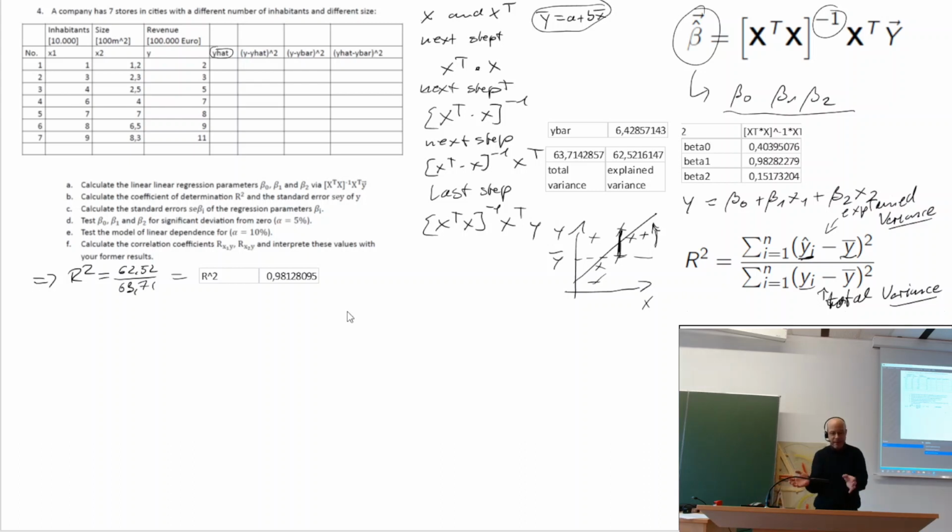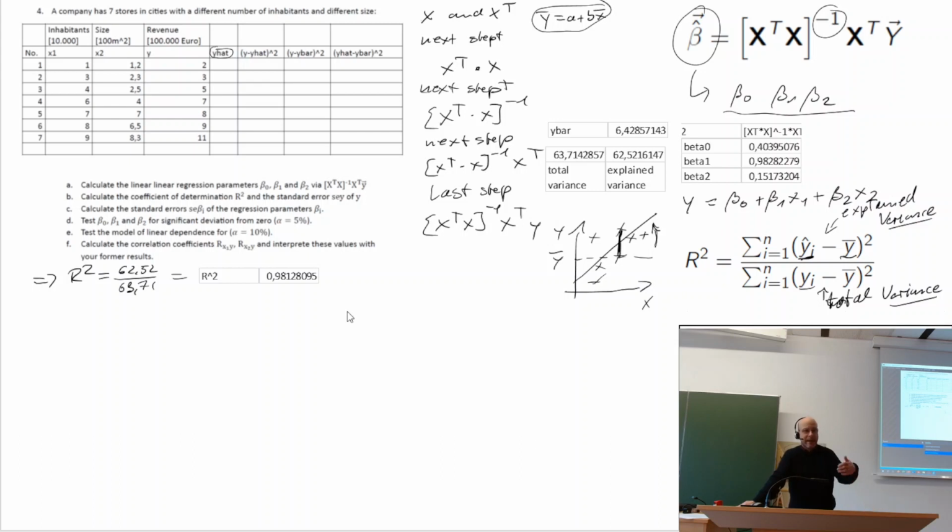And then I'm maybe quite happy because I've found a coefficient of determination of 0.98. And what does this mean? This means that my empirical data points are really in the neighborhood of my now not regression line, but my regression plane, so to speak. So this maybe is what makes me quite happy, because I look more or less at the data and I see, well, I fit the data very well with my regression. But still, and this is really important, I'm only in the descriptive part.